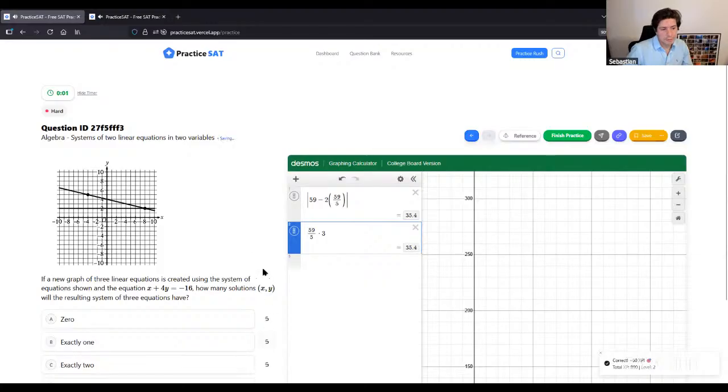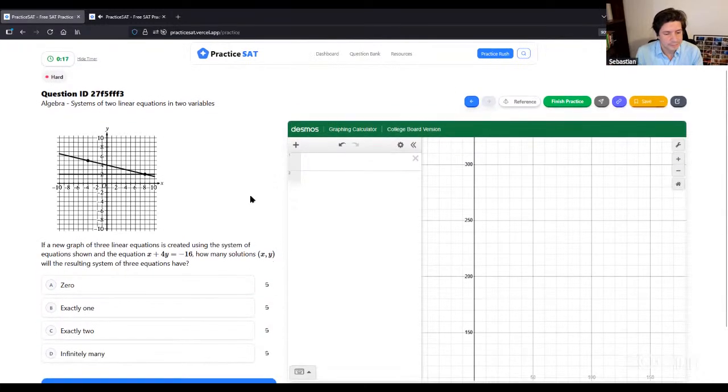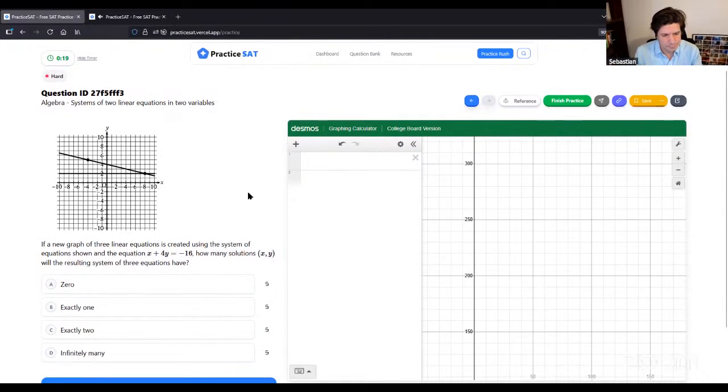Okay, so now we have this here. If a new graph of 3 linear equations is created using the system of equations shown in the equation x plus 4y equals negative 16, how many solutions will the resulting system of 3 equations have? So we have those two, and then we're going to have... interesting. Okay.